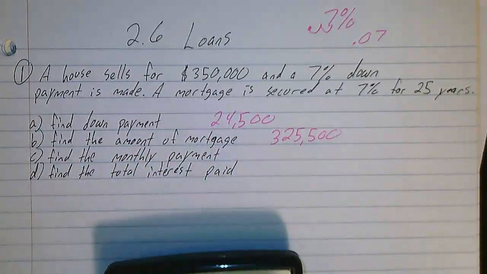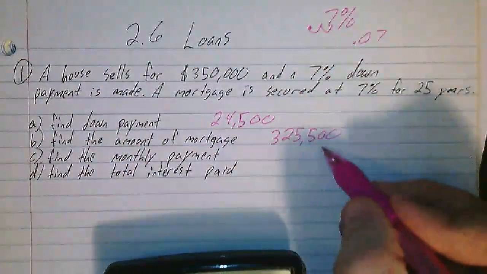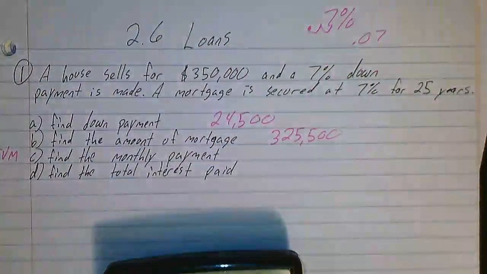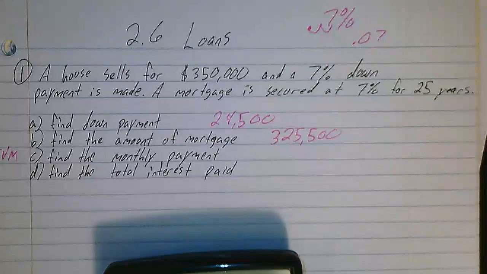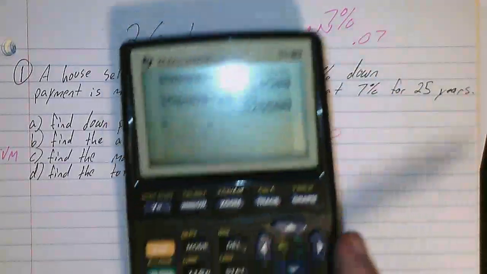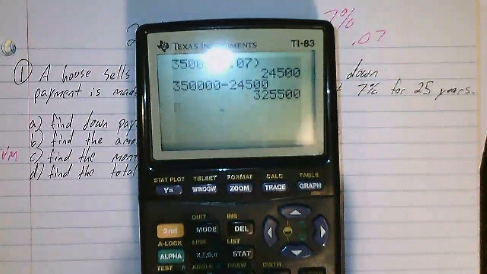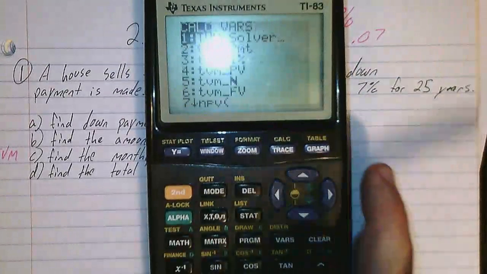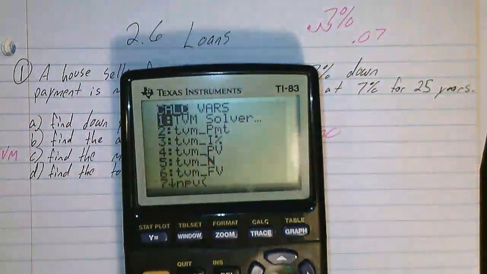So what is the monthly payment? We are going to use the TVM solver here. Well, you can't see the T, but the TVM solver. So again, in an 83, I go second, X to the first, which brings up the finance screen.